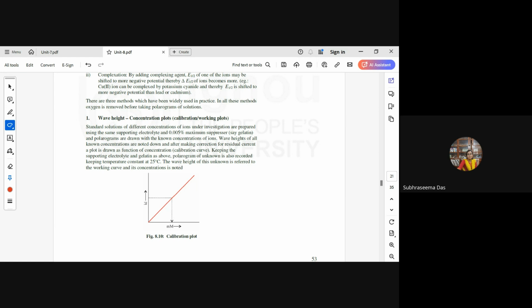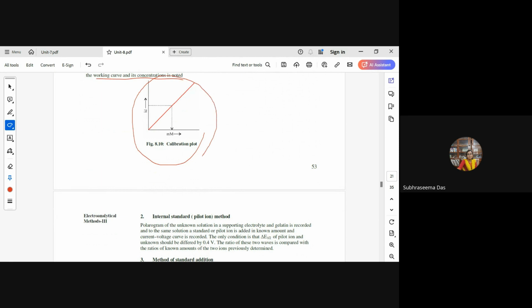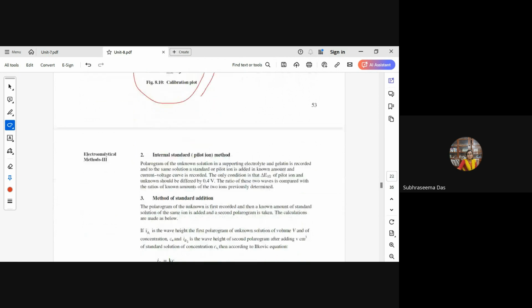The wave heights are then plotted, keeping the supporting electrolyte and gelatin constant. The polarogram of an unknown is also recorded at a constant temperature. The height of this unknown is referred to the working curve and its concentration is noted. This is the calibration plot, and then the plot for the unknown solution is taken.